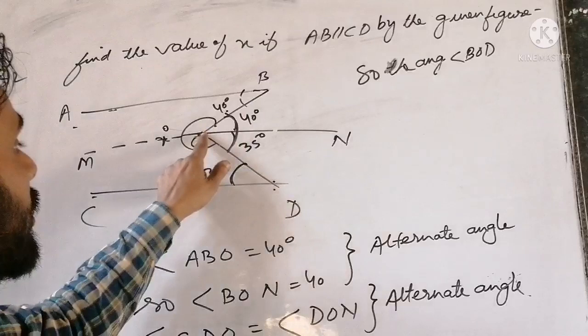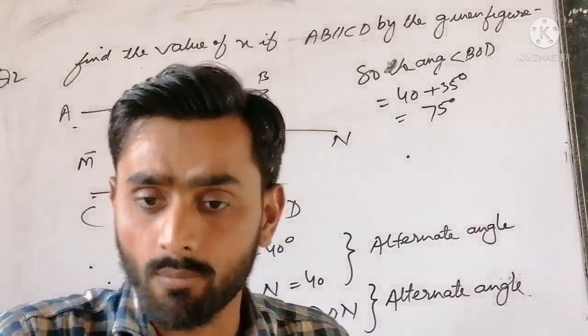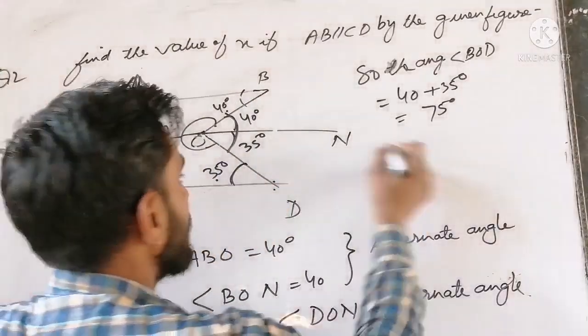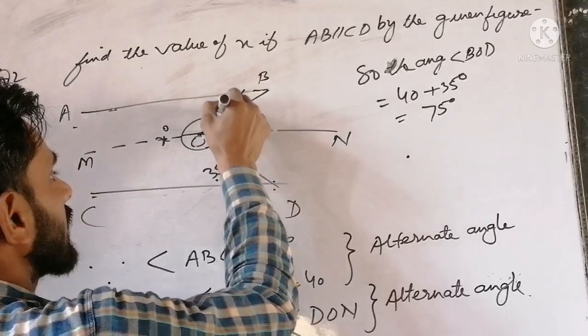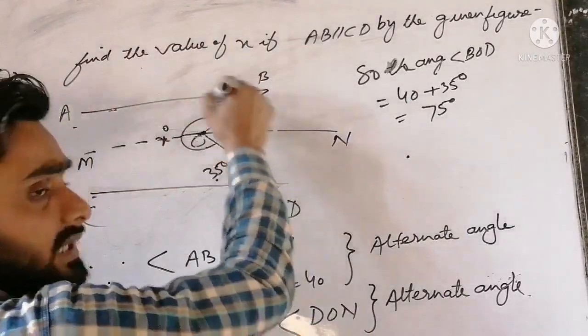we know that on a point, how many angles are formed? On a point, a 360-degree angle is formed. So if this is a point, all the angles will be 360.